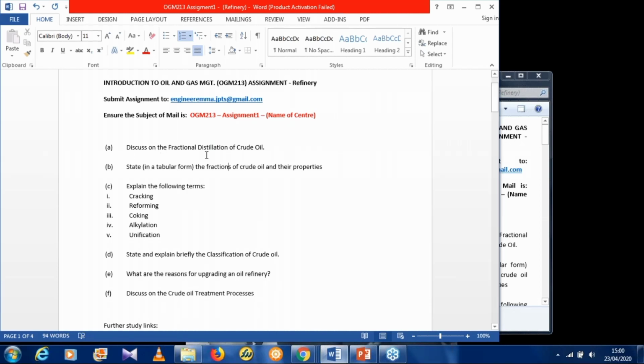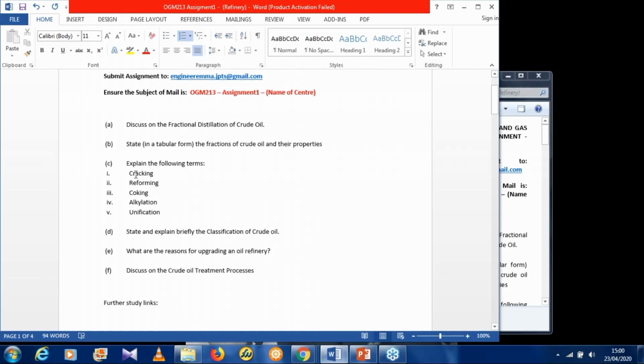Then number three, explain the following terms. Roman numeral one, cracking. Roman numeral two, reforming. Roman numeral three, coking. Roman numeral four, alkylation. Roman numeral five, unification.